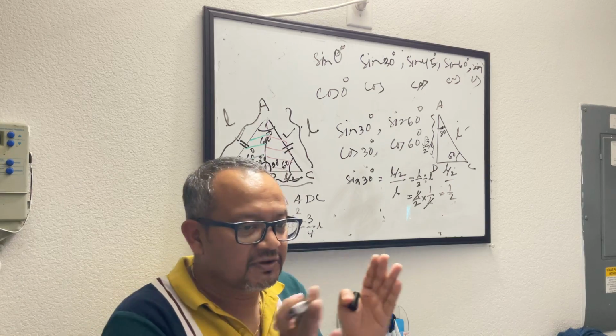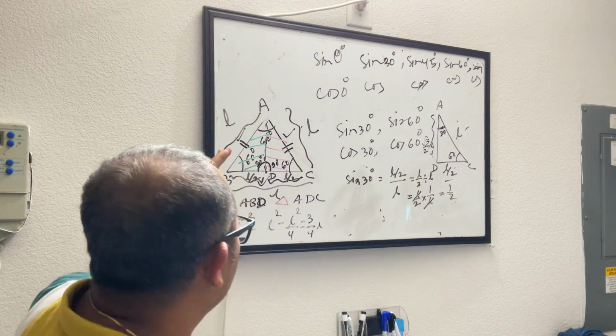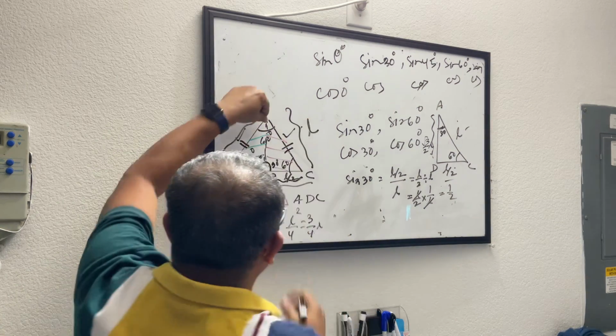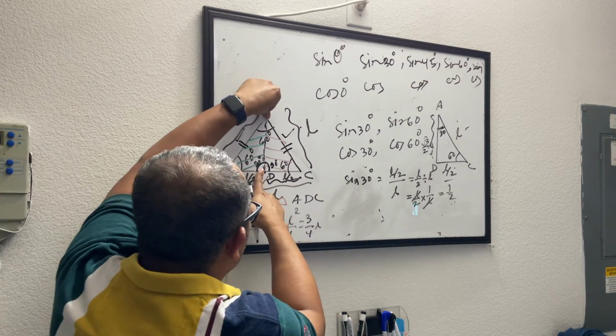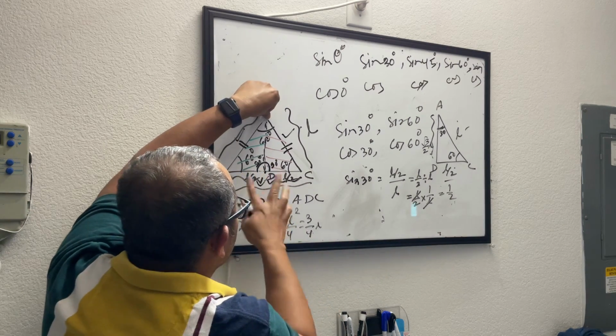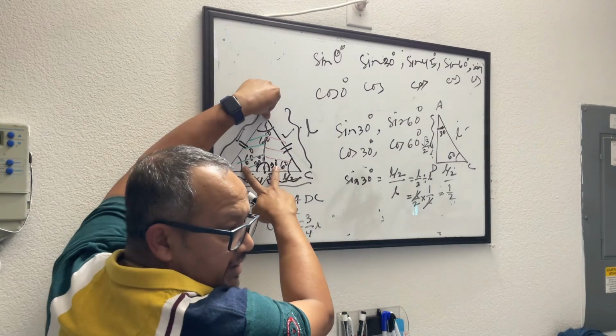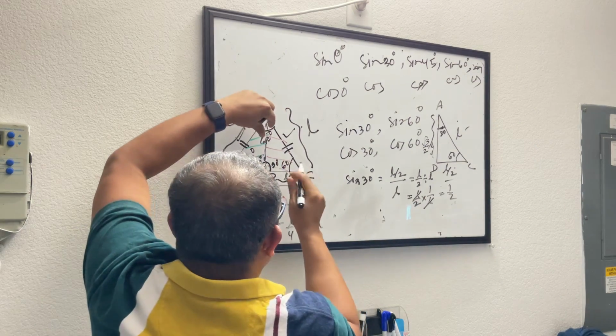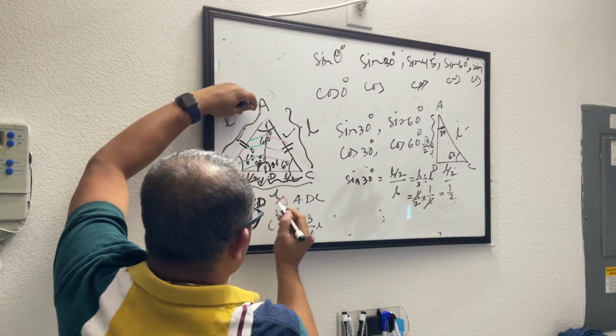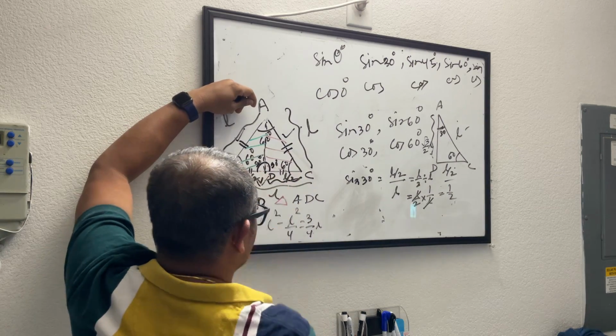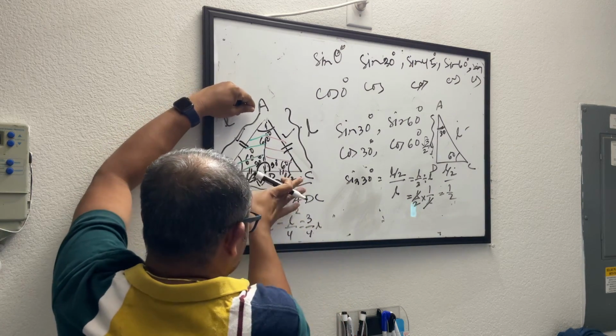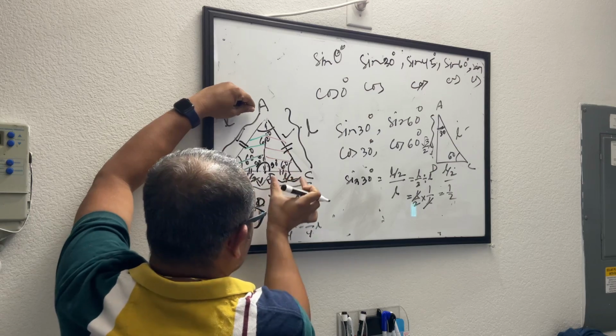If you look at the sequence of events, whatever I did, we picked up an equilateral triangle, dropped a perpendicular from that, and we saw that by dropping a perpendicular, I am splitting this into two congruent right angle triangles. So if these two triangles are congruent, that means this side and this side will also match. And hence, if this whole thing is L, this is L by 2.